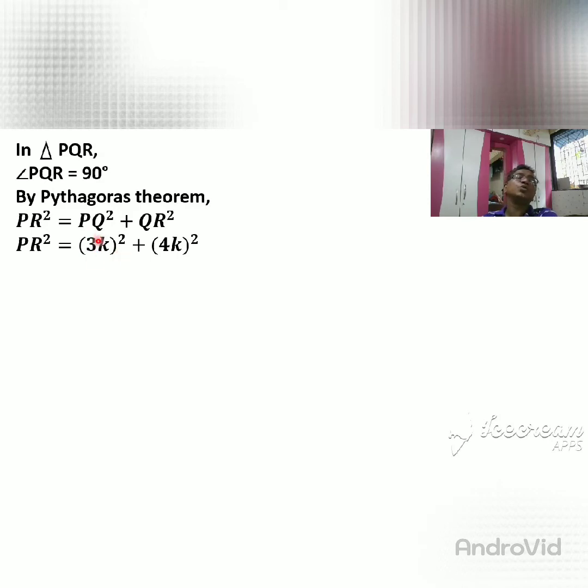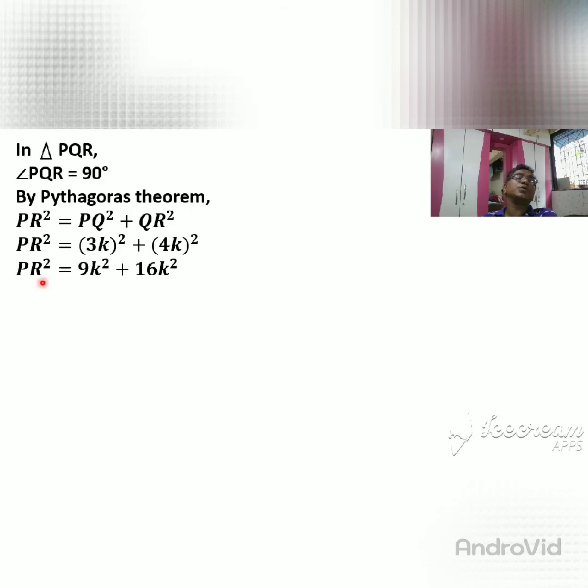So 3k square is 9k square, and 4k square is 16k square.